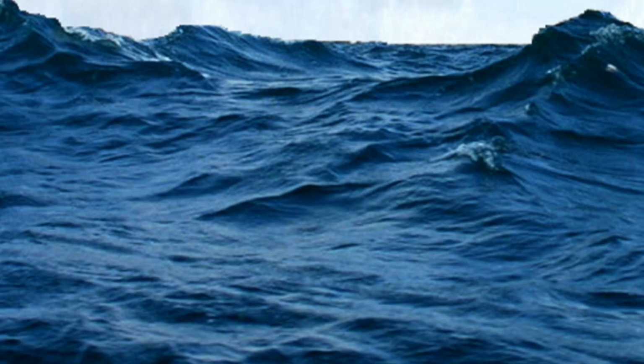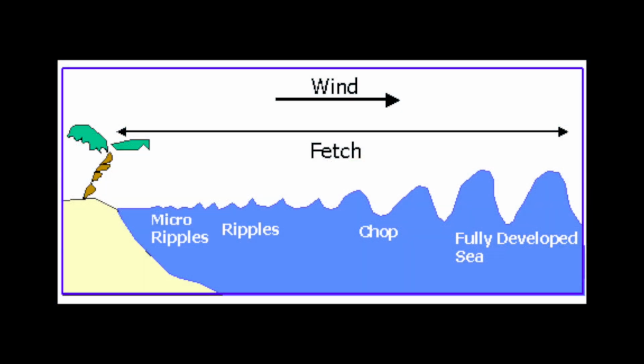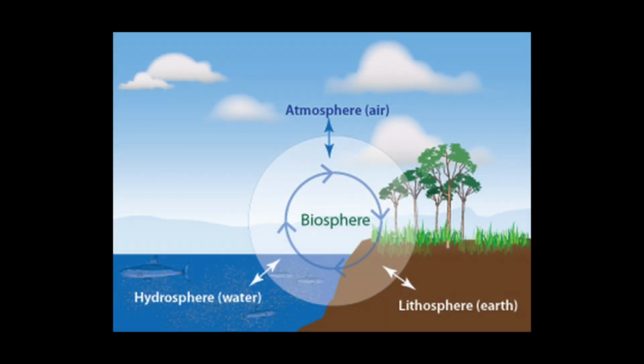Waves. Sea waves are the oscillations on the surface of the water caused by the winds and some other factors. Wind is the most important factor influencing the waves. There is a transfer of kinetic energy from the atmosphere, that is wind, to the hydrosphere in the form of waves. Winds provide energy to the waves.